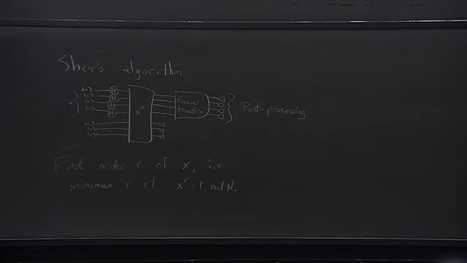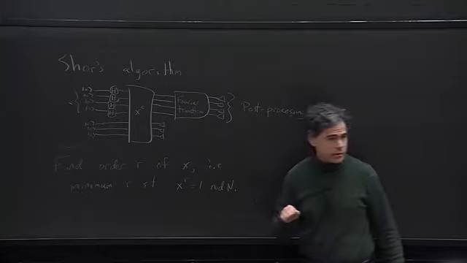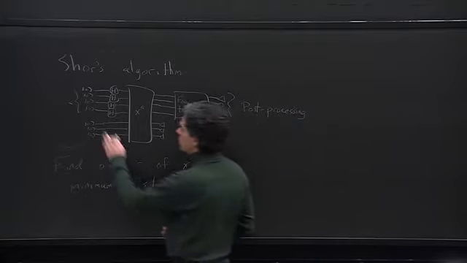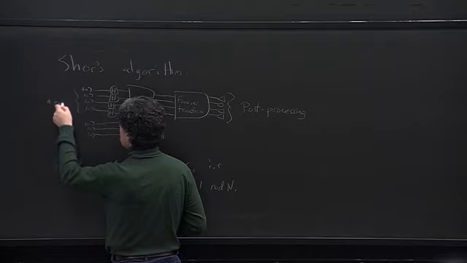The period of this function, or the order of the element x. And we specialized yesterday to the special case where r divides 2 to the n. Let's just say there's n qubits here.